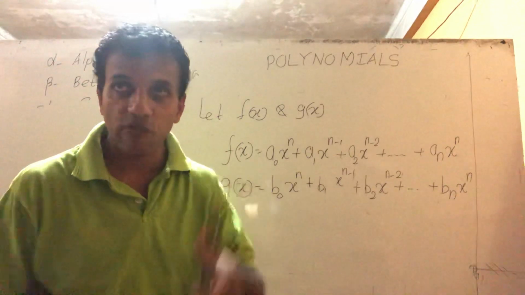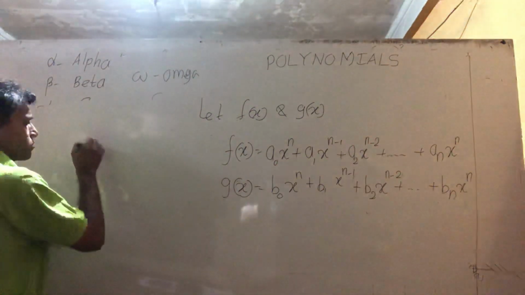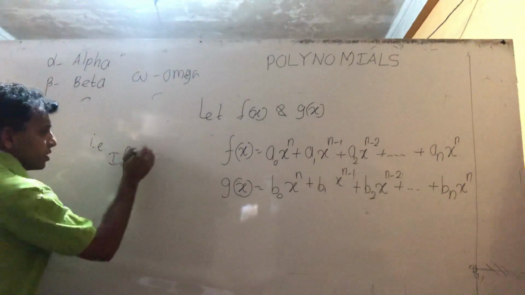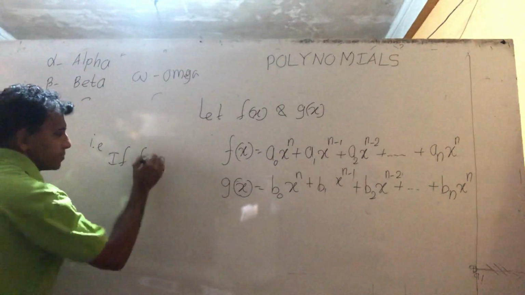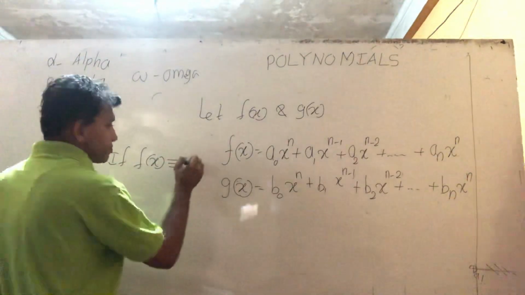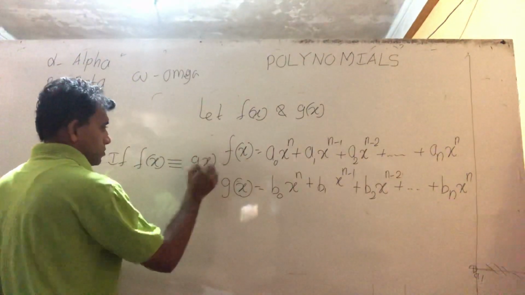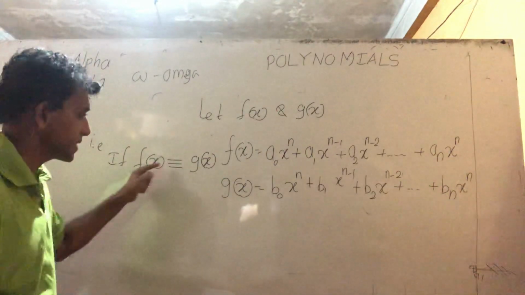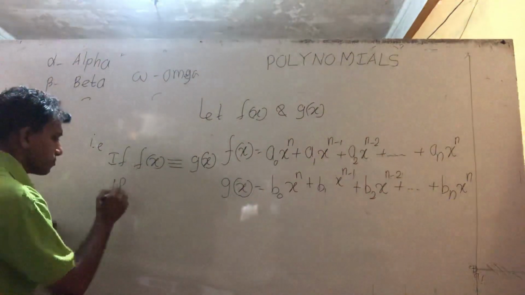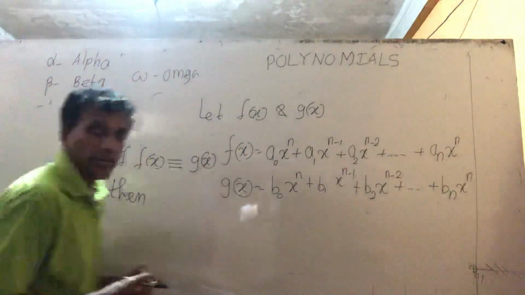In symbolic form, that is, if f of x, this is the symbol for identical, three lines, f of x identical to g of x, then, okay, see what you mean?